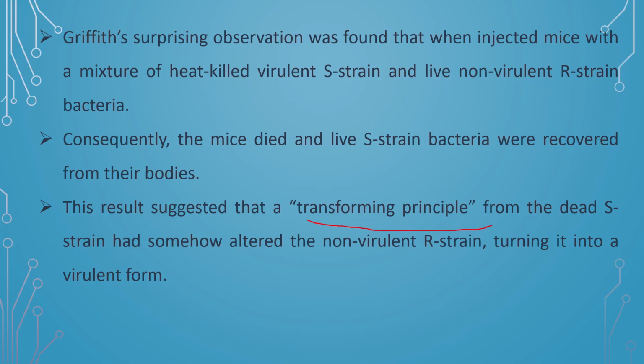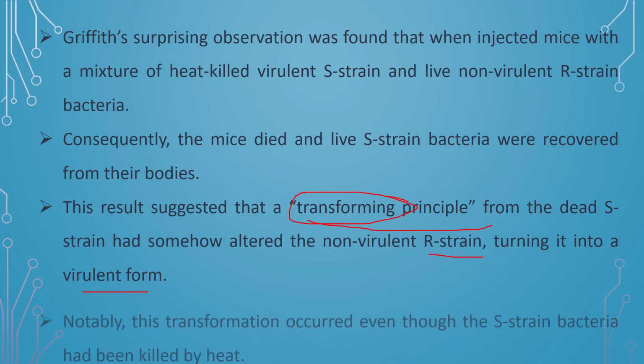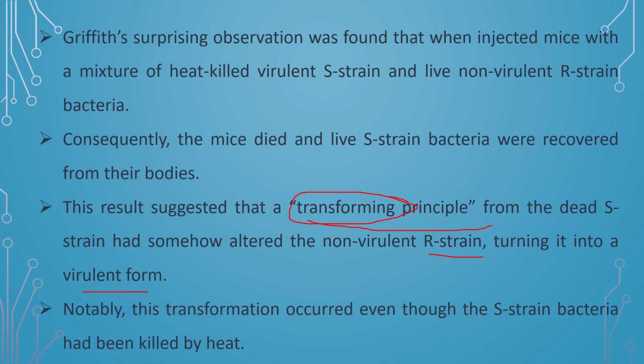He said that some factor or principle was transferred from the dead strain to the non-virulent R strain, turning it into a virulent form. That is why he named this principle the transforming principle. To be noted is that the transformation occurred even though the S strain bacteria had been killed by heat.